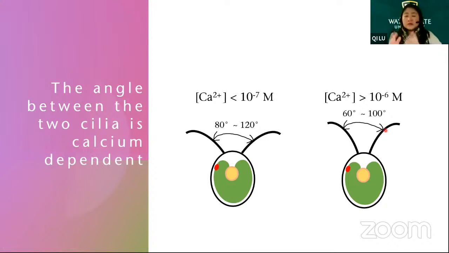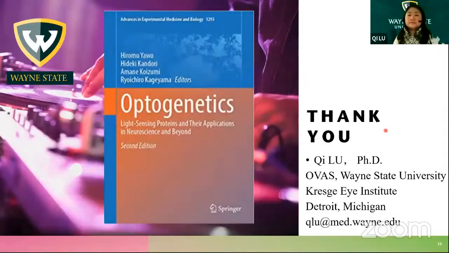So this can also explain why in the photoshock the whole cilium becomes very straight and moves far away from the light shock location. It's also because the angle of these two cilia is calcium dependent. So that's all. Thank you.